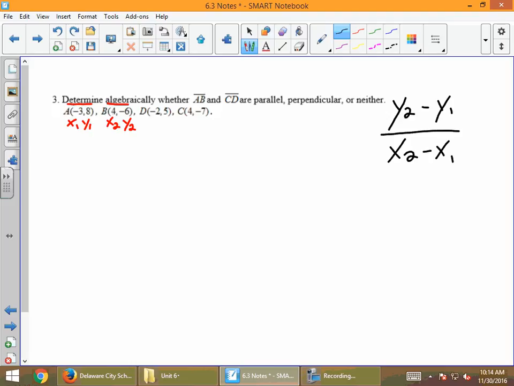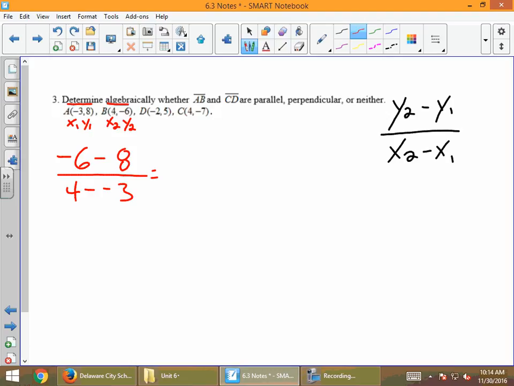And I plug it into that formula. So when I do so, I'm going to have my Y2 first, because that's what it tells me to do. So it'd be -6 minus Y1 value is 8 over 4 minus -3 equals that.